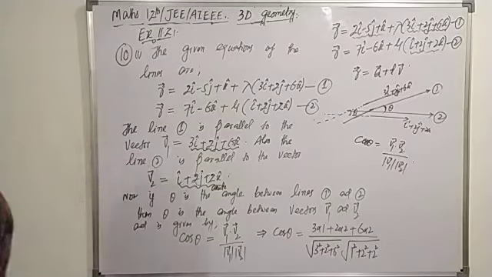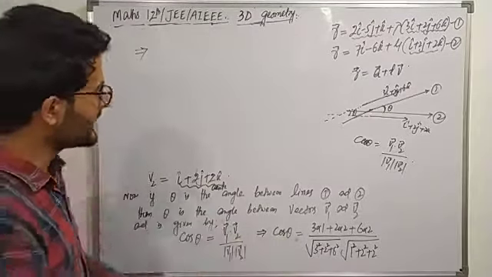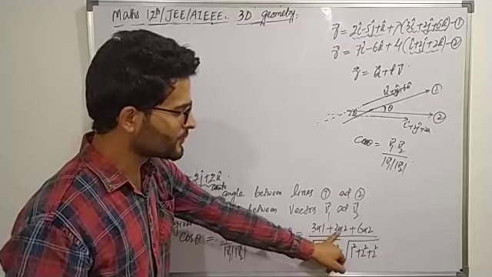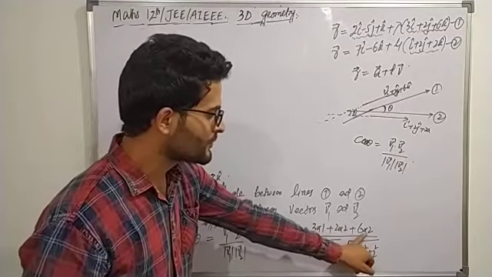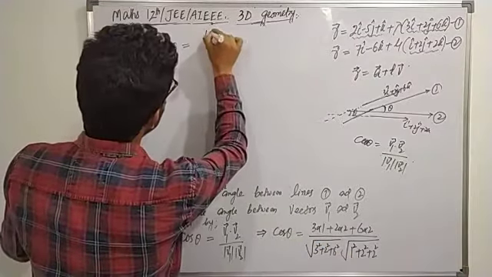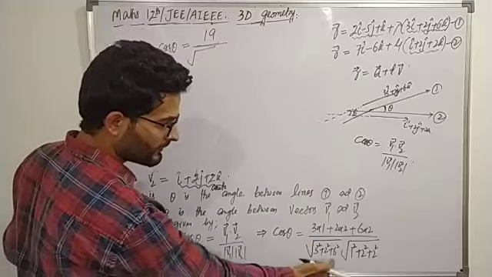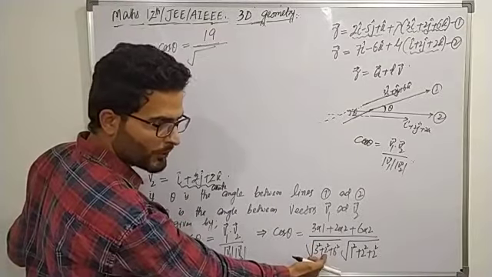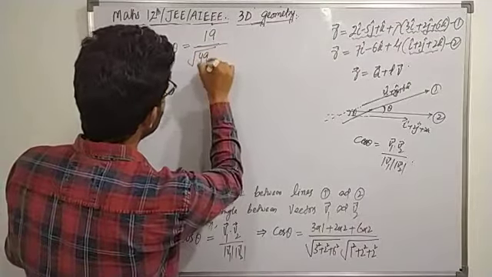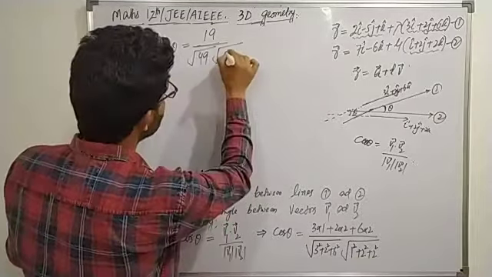So that implies cos theta is equal to, yes, 3 into 1 that's 3, 2 2s are 4, and 6 2s are 12. 12 plus 4, 16, 16 plus 3, that is 19, divided by square root of 6 square is 36 plus 2 square is 4, 36 plus 4 that is 40, 40 plus 3 square that is 9, so 40 plus 9 is 49, into square root of, yes, 4 plus 4 that is 8 plus 1 is 9.